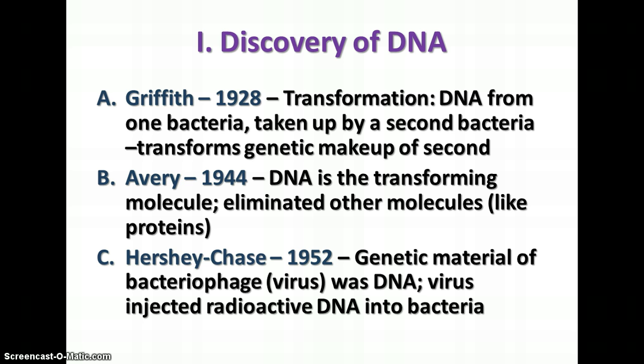And then he discovered that the ones that had previously been non-disease causing became pathogenic. So he figured out that there was some kind of factor that they picked up from the dead bacteria. He didn't know what it was. We know now it was DNA, but he knew there was some factor that caused the bacteria to be transformed into disease-causing bacteria from non-disease causing.